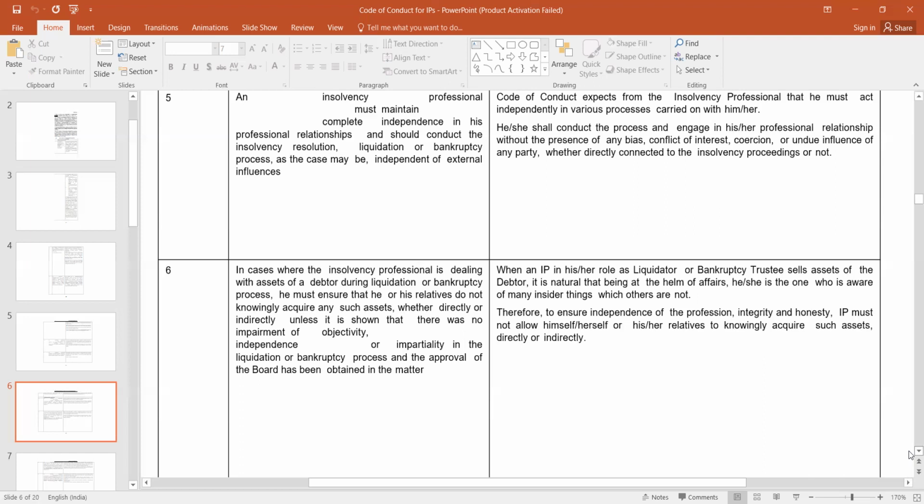But here it says that the approval of the board has been obtained. Sometimes what happens is, this is the code of conduct, so the code of conduct is expected to be at a higher pedestal, even than what the regulations say. Sometimes regulations may allow you certain things, but as a professional, you have to be extra cautious that you are not accused of any bias.